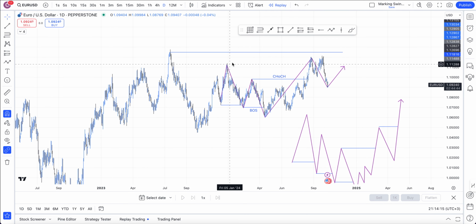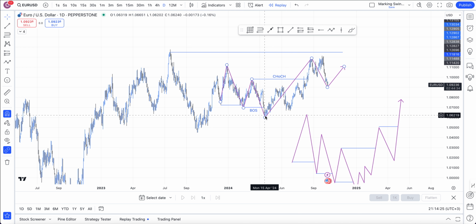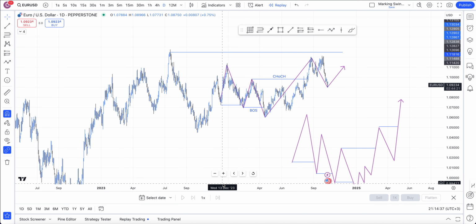Okay, so the market was just ranging between this, but if you look at it on 2024, then you'll find that the market was changing from April 16th, and we saw that this now was the lowest low in 2024.